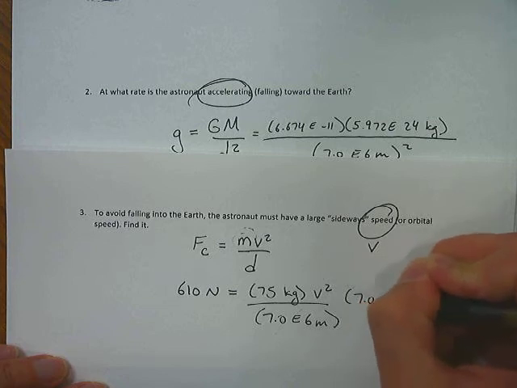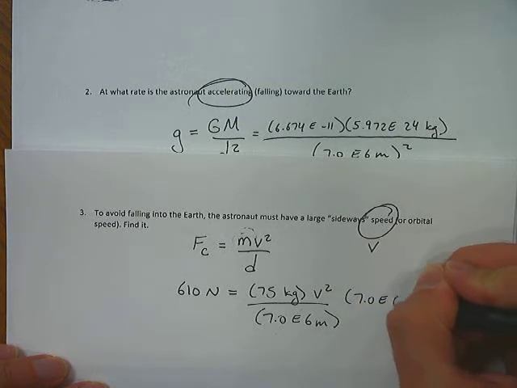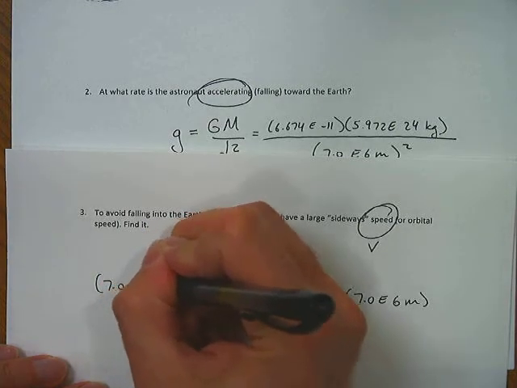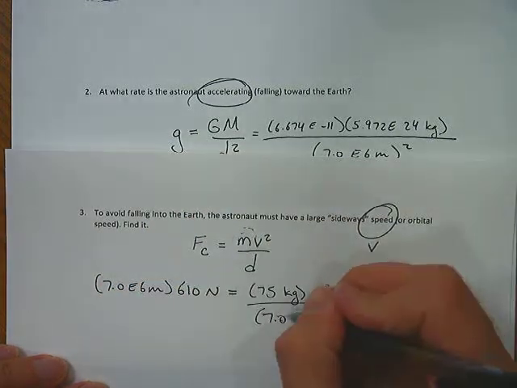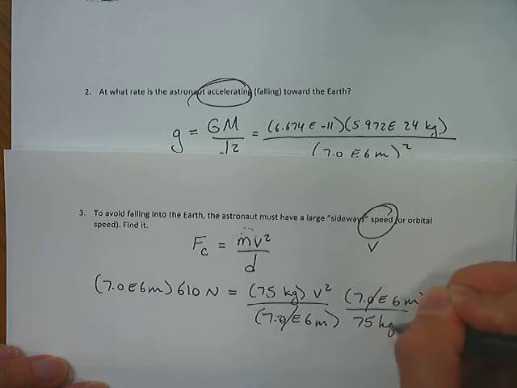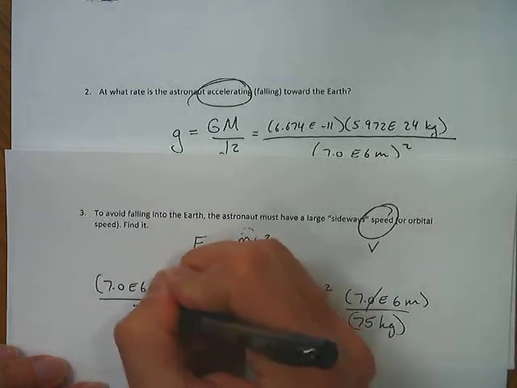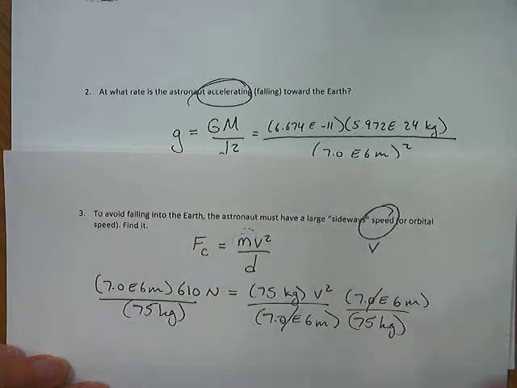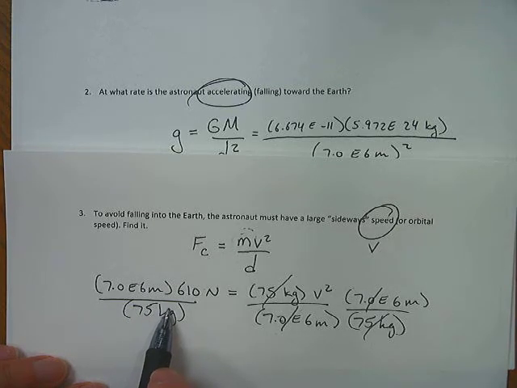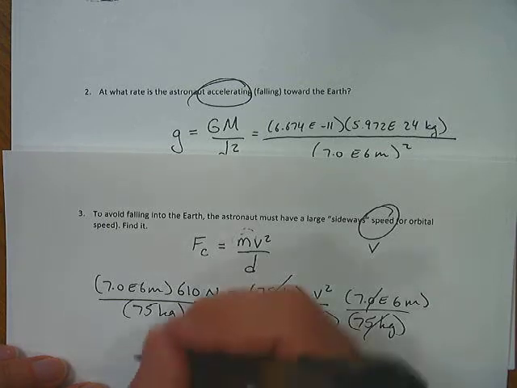So we can solve this for v. We'll multiply both sides by 7 million, and it will cancel out here. Okay, and then we'll divide both sides by 75 kilograms. So again, I multiply both sides by 7 e6, which is 7 million, and then divide both sides by 75 kilograms.